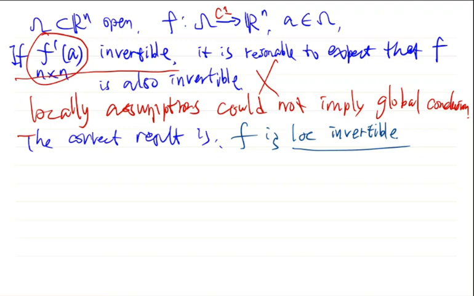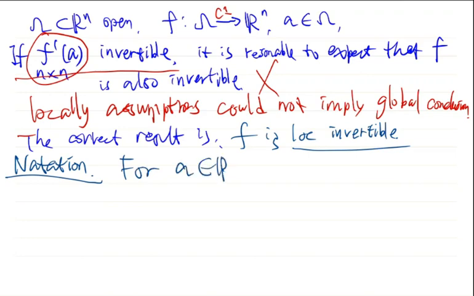So to state this theorem and to simplify our language, we will introduce some notation. For a point A in Rn, we use this N_A. If you want to indicate the dimension, you also add an n here.